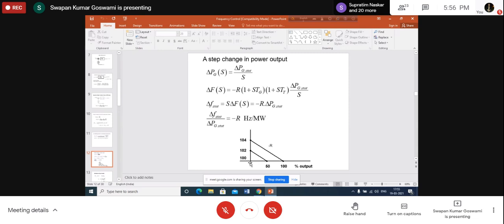You need not bother about the maintenance of synchronism, because since you are increasing the load, the generator speed will be changing. That is being allowed here. That's why we can represent the change in frequency here.